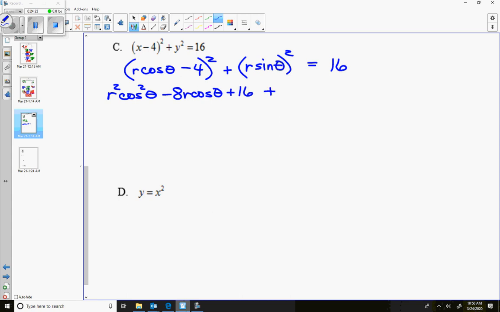Plus, now, this one over here, though, it's just a monomial being squared. There's no pluses or minuses, so just everything gets squared. So we get r squared sine squared theta. And it all still equals 16.